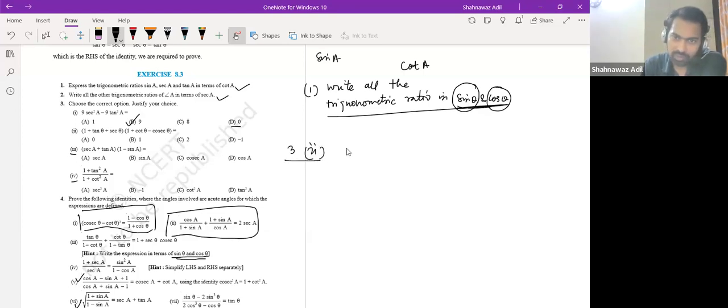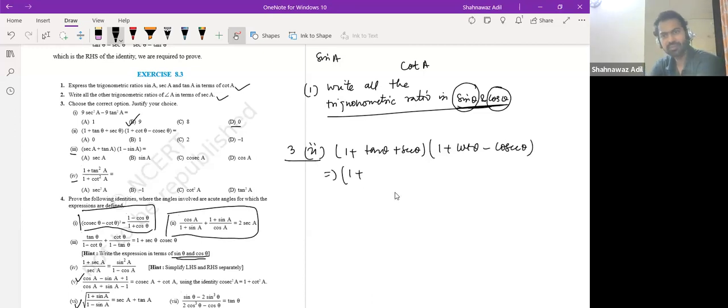So 1 plus tan theta plus sec theta, and 1 plus cot theta minus cosec theta. In terms of sine and cos, what is tan theta, Faiz? Sine theta by cos theta.